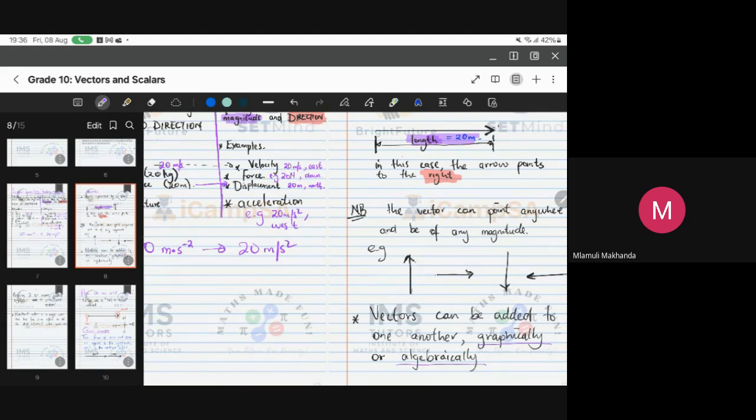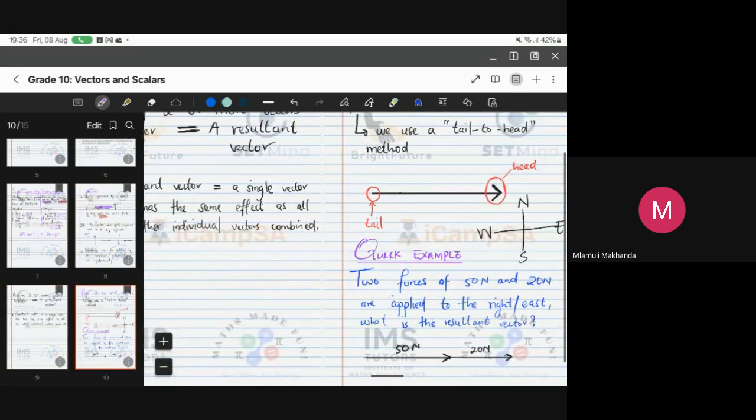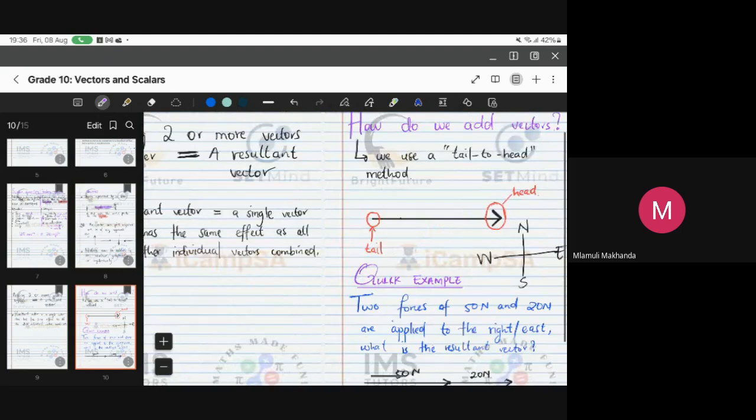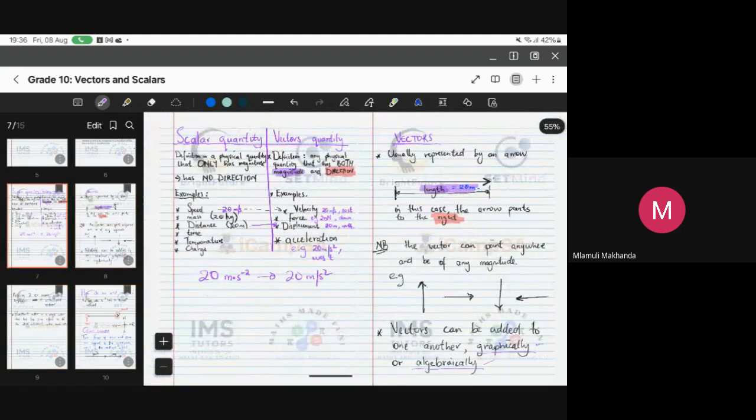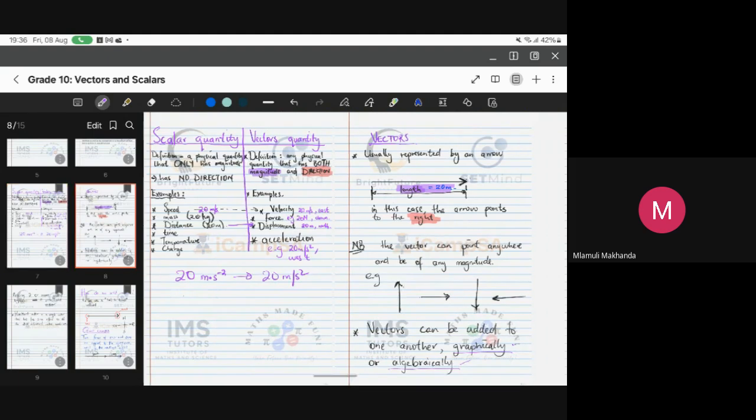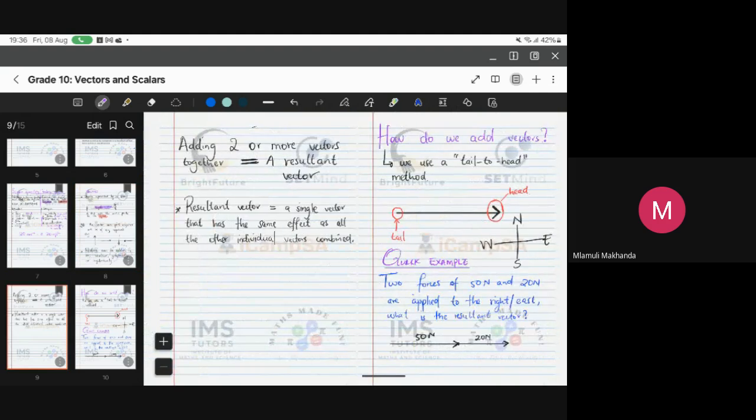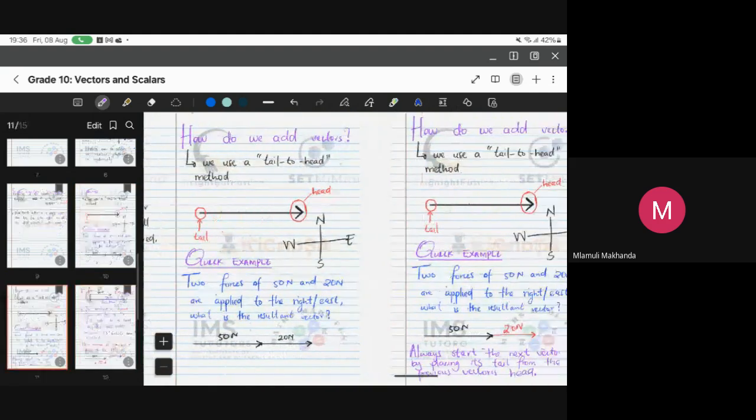And for today's method, we sort of learned both in one example. By graphically, we mean using the tail to head method. While by algebraically, we mean adding the numbers and choosing a positive or negative direction. Right. So that's how you would do a head to tail method.